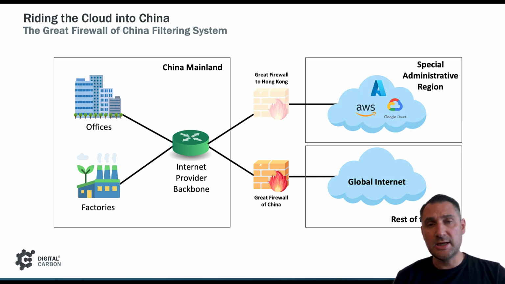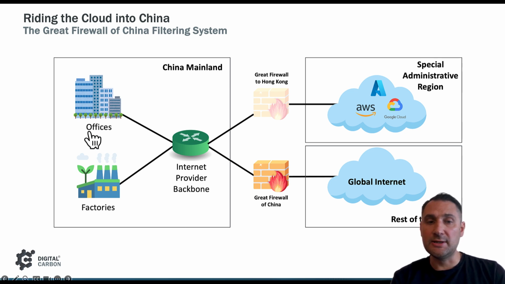Our solution is actually based on redirecting that traffic. Instead of going directly to the global internet, we redirect it to one of the special administrative zones, more particularly Hong Kong. In Hong Kong, we find all of our major cloud providers, including Microsoft Azure, AWS, and Google Cloud.